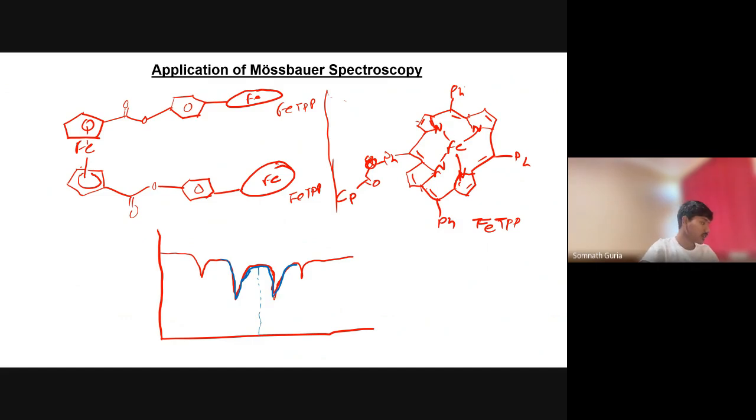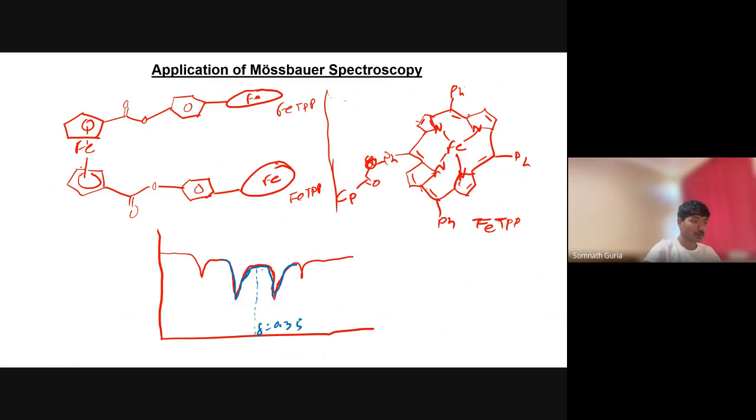It is around 0.35, and another delta value here. The delta value is 0.35.